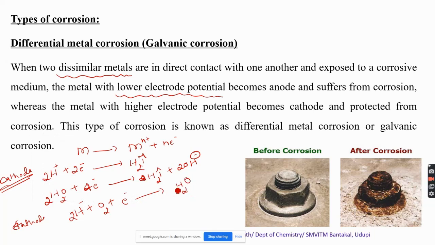Further, this H2O helps in the further oxidation reaction, or O2 plus H2O plus 4 moles of electrons forming 4 moles of hydroxyl ion.